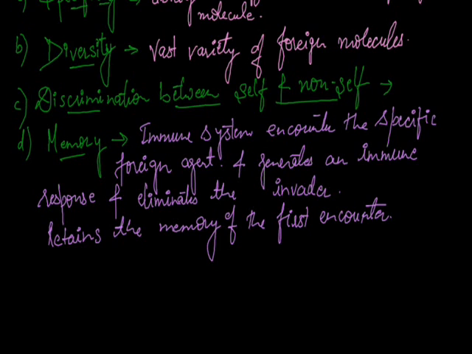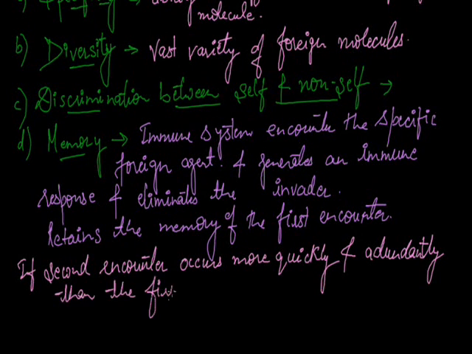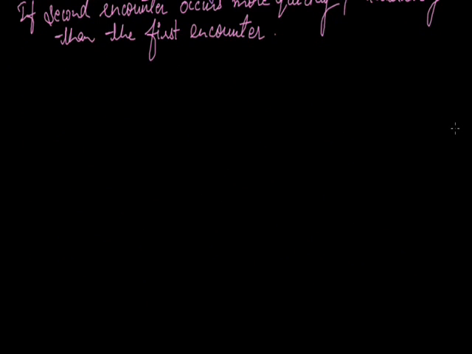If a second encounter of the same foreign agent occurs, it responds more quickly and abundantly than the first encounter. So this is the memory based concept in the immune system. These all are the characteristics of the acquired immunity.